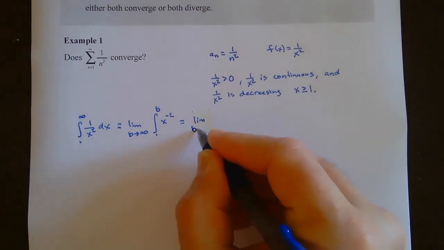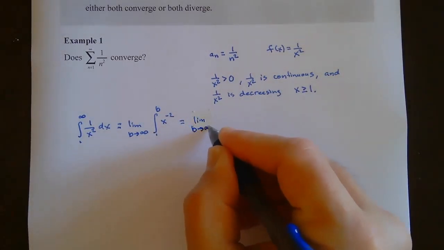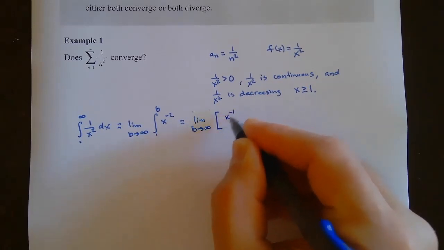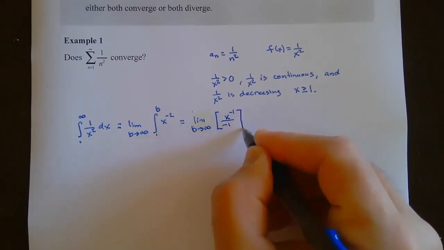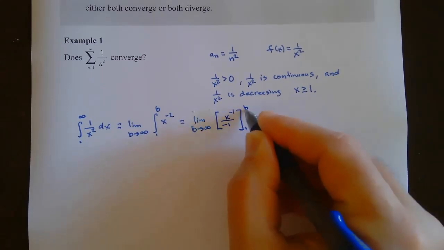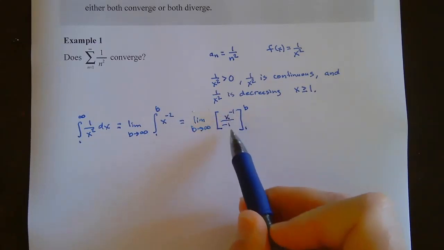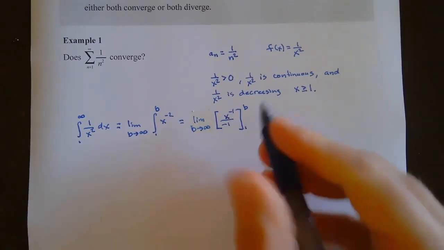as b goes to infinity of, and this becomes x to the negative 1 over negative 1, evaluated from 1 to b. Now, this is 1 over x divided by negative 1. That'd be just negative 1 over x.